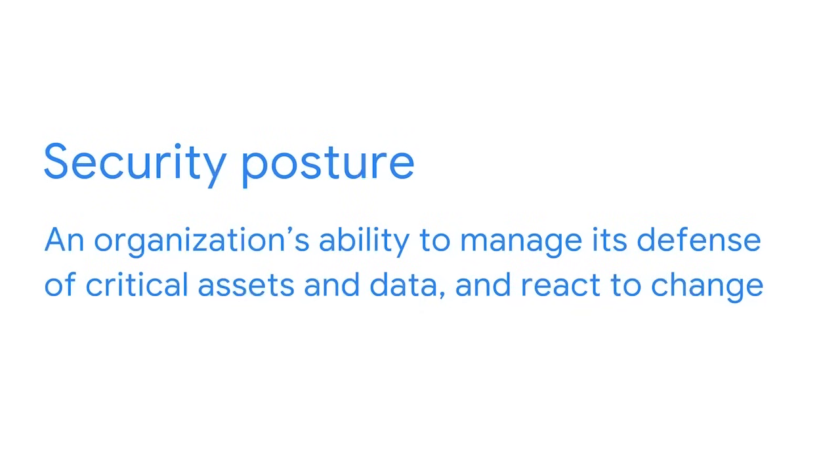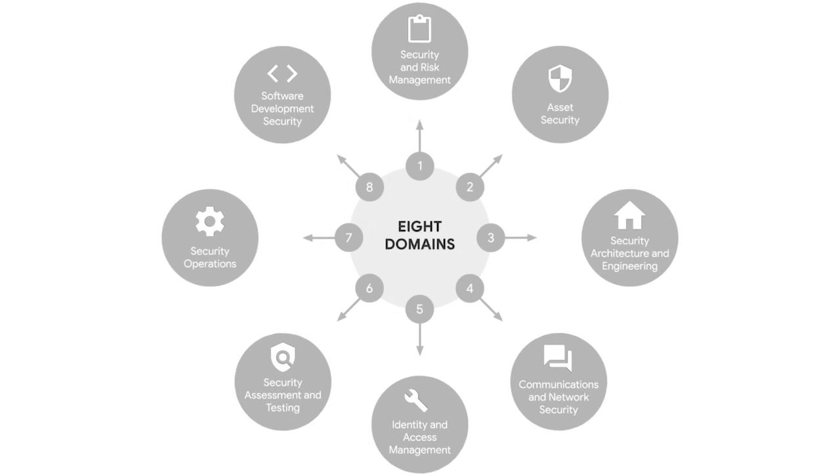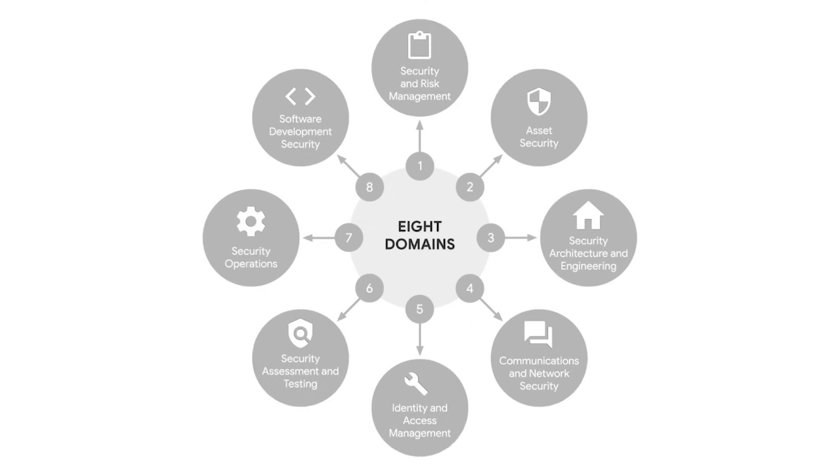Security posture refers to an organization's ability to manage its defense of critical assets and data and react to change. In this video, we'll discuss the focus of the first 4 domains: security and risk management, asset security, security architecture and engineering, and communication and network security.